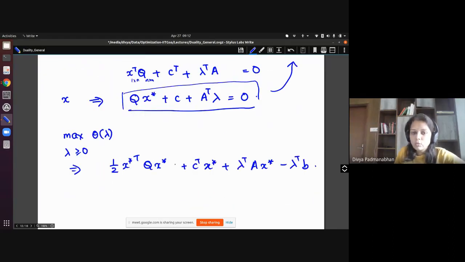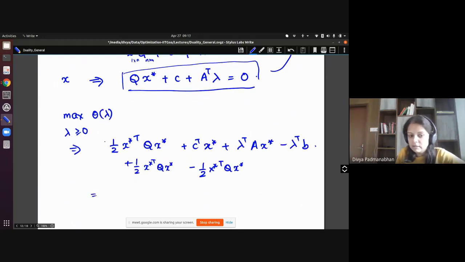Okay, so now one thing I'm going to do here, this is just the objective, and I'm just going to add a half x star transpose Q x star and then subtract a half x star transpose Q x star. So what will this give me? I can group these two together. So what will it give me?